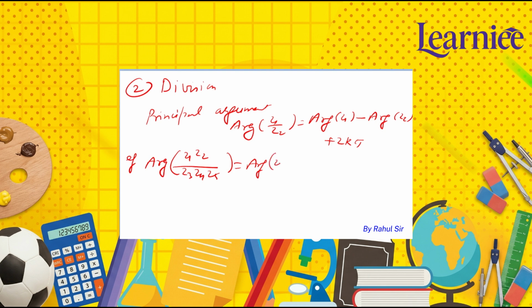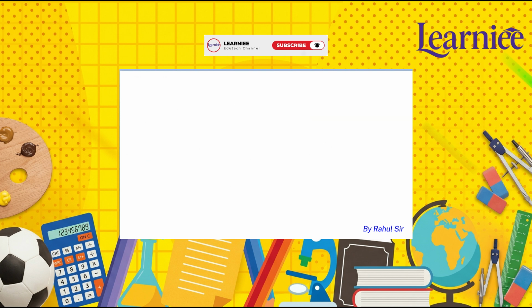So argument of z1 plus argument of z2 minus argument of z3 minus argument of z4 minus argument of z5, but since they have to lie from minus pi to pi, we have to add 2k pi.